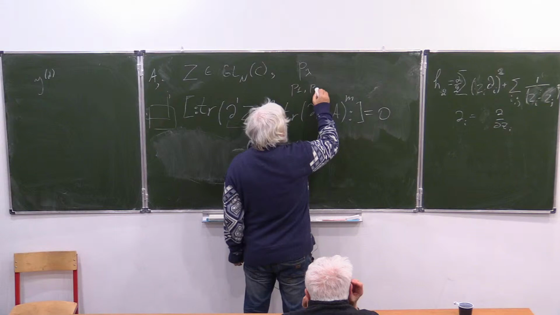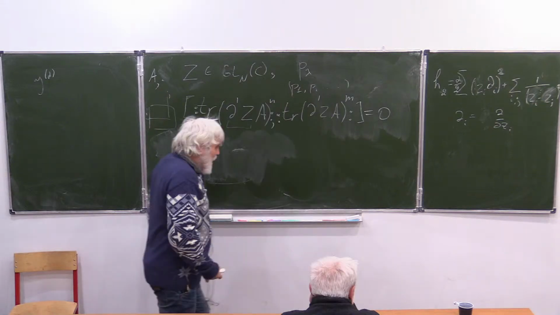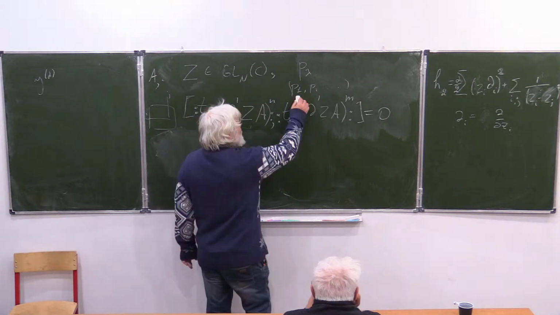If we have a matrix and eigenvalues, we can construct Newton sums. And these Newton sums are called power sum variables. P1 is just the trace of the matrix. This is the trace of Z squared and so on.